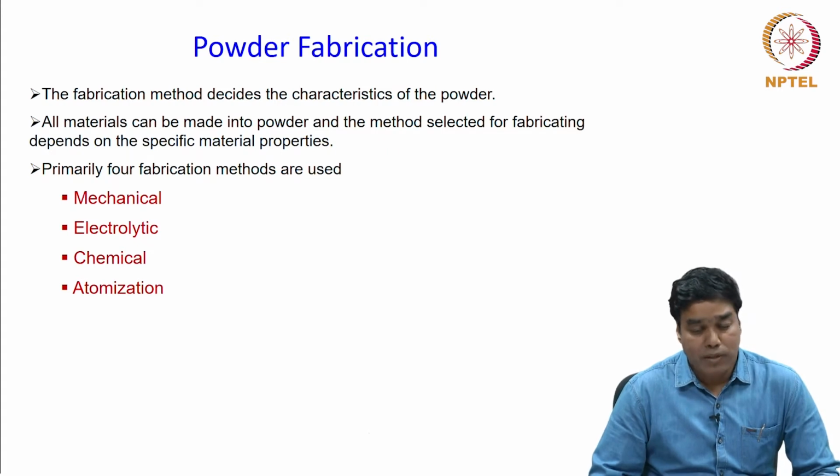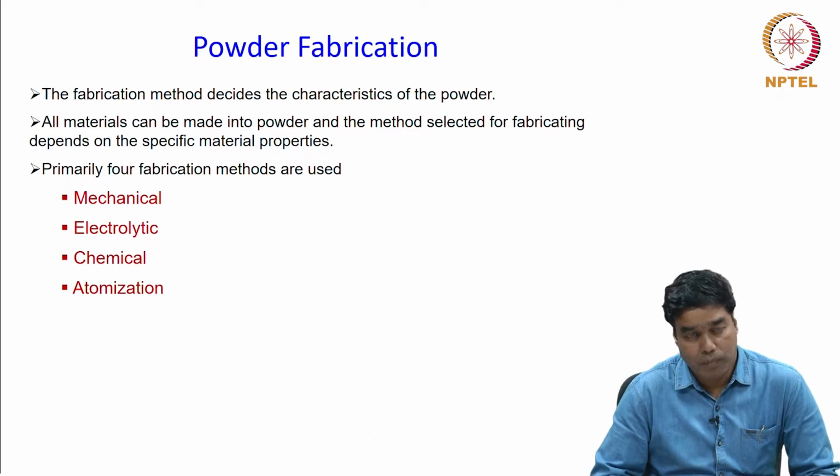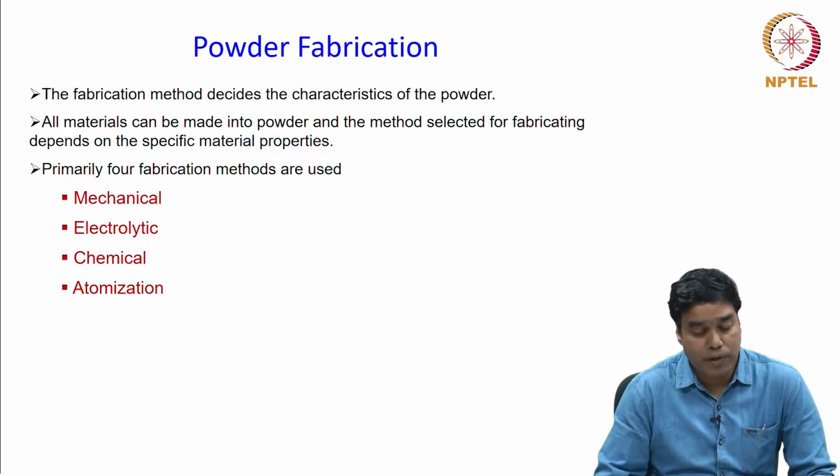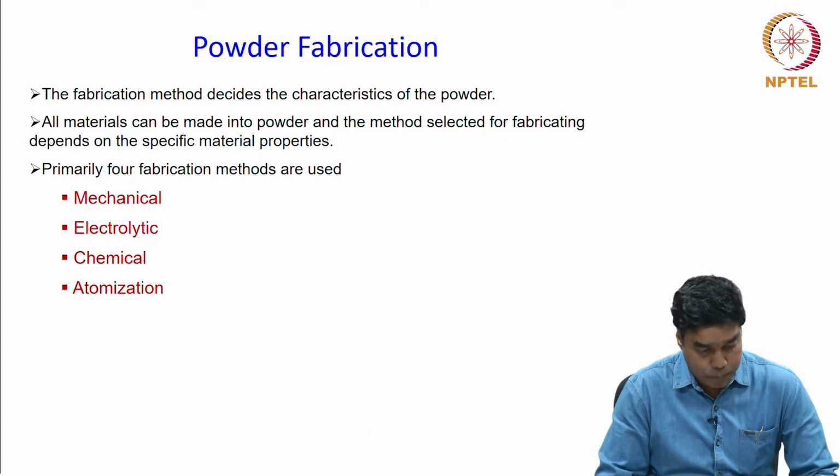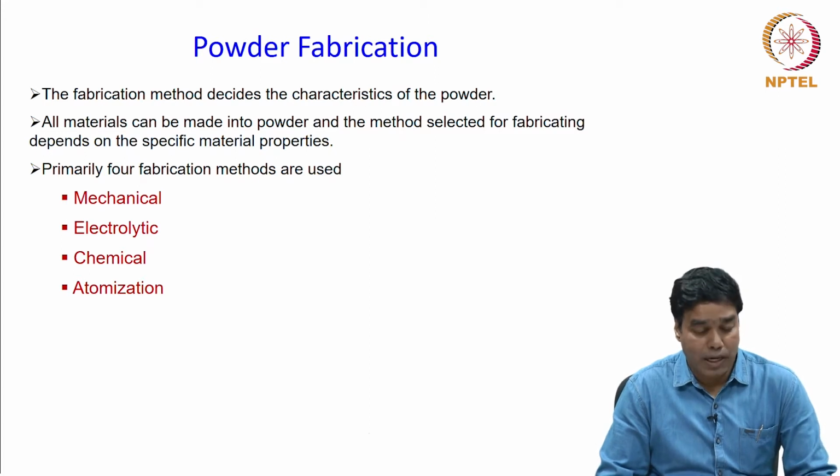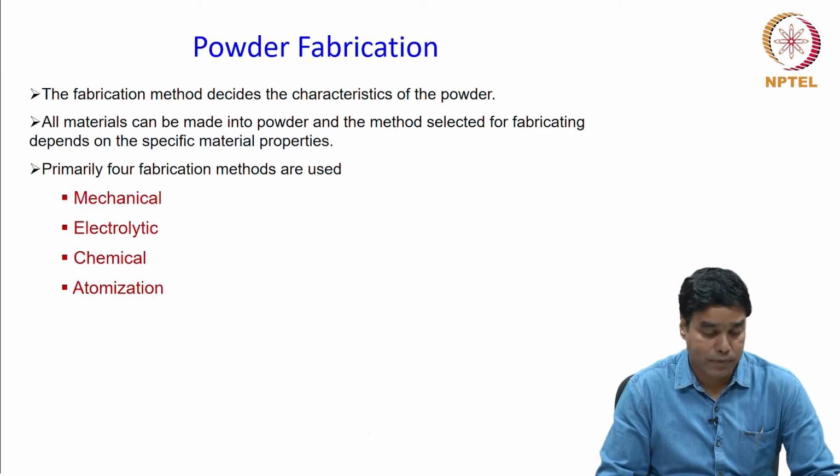Okay. So, as far as the powder fabrication methods or powder fabrication processes are concerned, there are primarily 4 types of processing methods which are categorized in these 4 different categories. As you can see over here, these are mechanical, electrolytic, chemical and atomization. Okay.